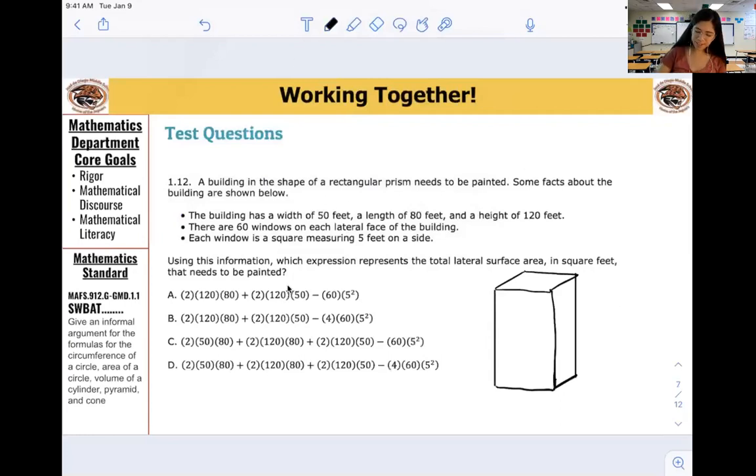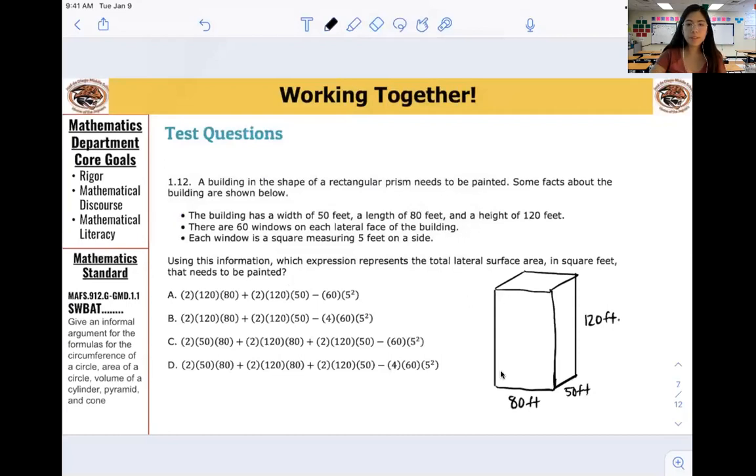So, okay, here we go. Width is 50 feet. Length is 80 feet. I guess technically this would be the length. Doesn't really matter. But I drew it a little bit longer. 80 feet, 50 feet. Height is 120 feet. 60 windows on each lateral surface.